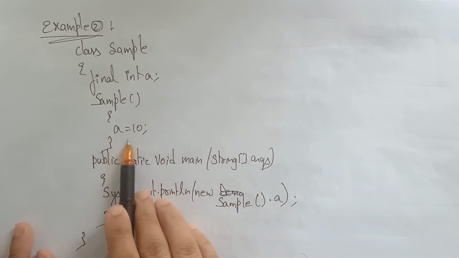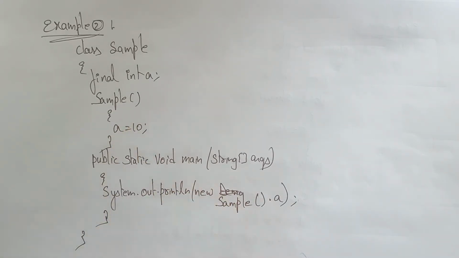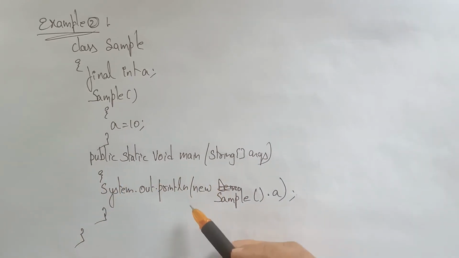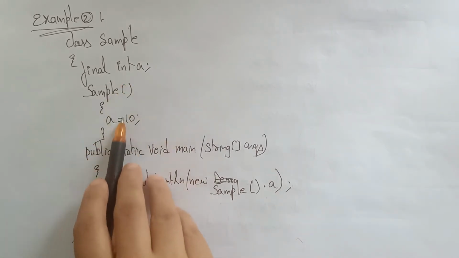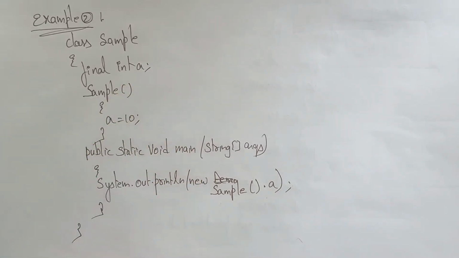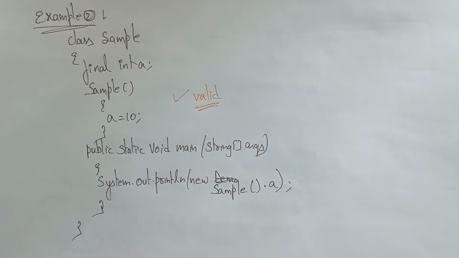Inside the constructor I initialize the value. Now within main I am trying to print by creating the object, new Sample dot a. Does my program execute? Yes, it executes. It is valid code.